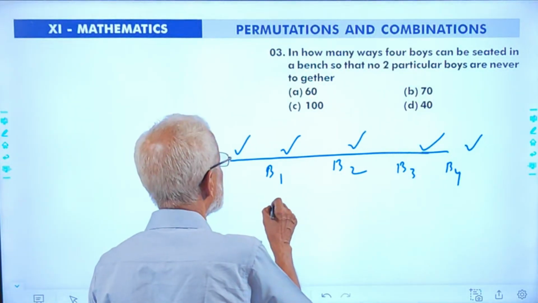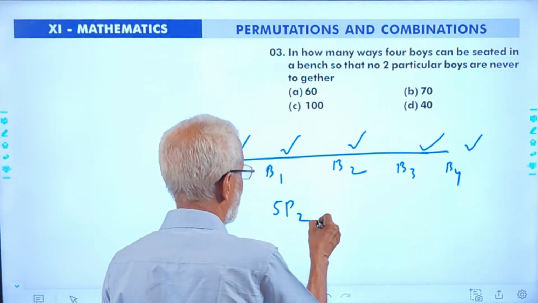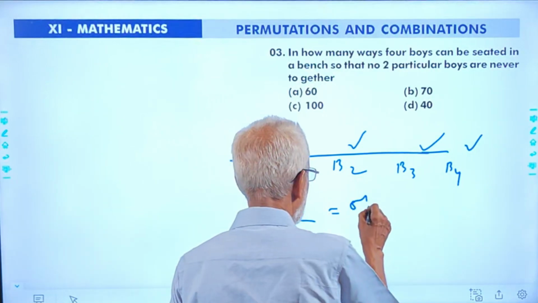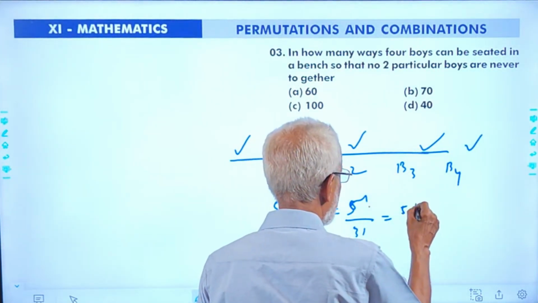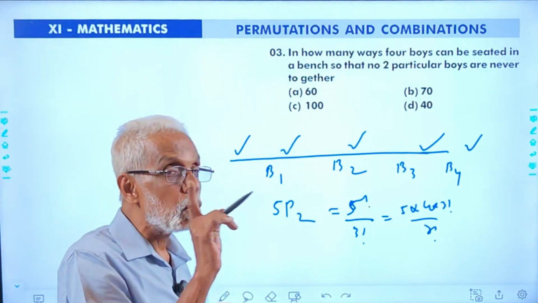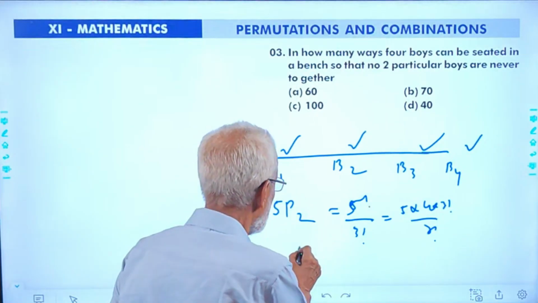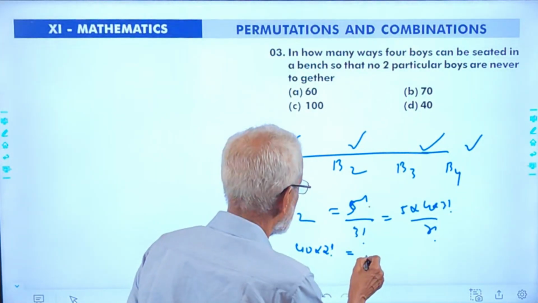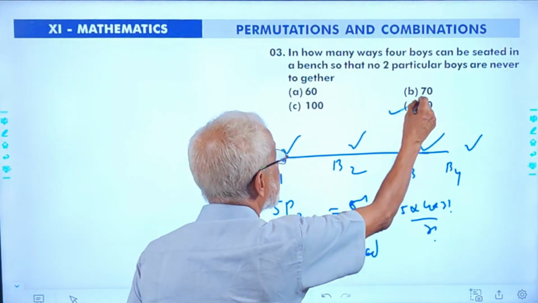They can be arranged in 5P2 ways. 5P2 is equal to 5 factorial by 3 factorial, that is 5 into 4 into 3 factorial by 3 factorial, which is 20. And the remaining 2 boys in 2 factorial ways. Therefore, total number of ways 20 into 2 factorial, which is equal to 40. The correct one is D choice.